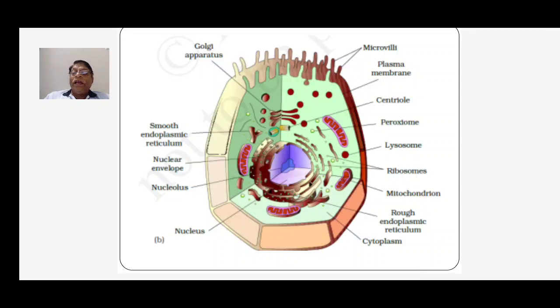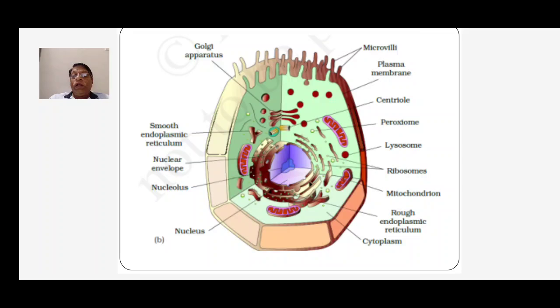Then, vacuoles are much bigger in size in the plant cell. We have seen the bigger vacuole. In the animal cell, they are very small. Then the spherosomes are present in the plant cell, absent in the animal cell.